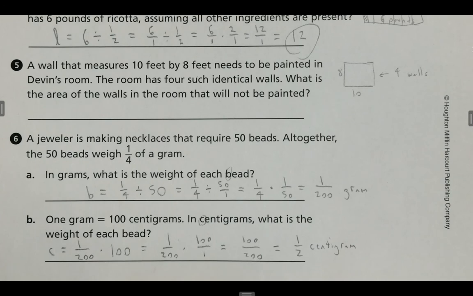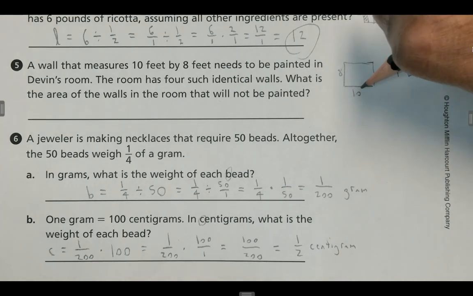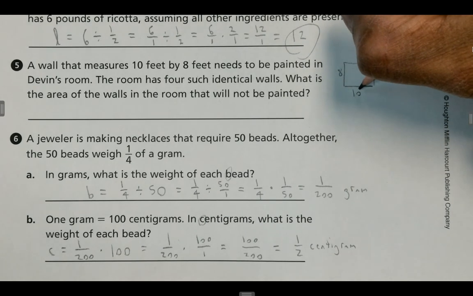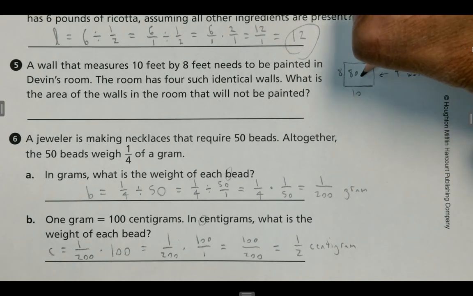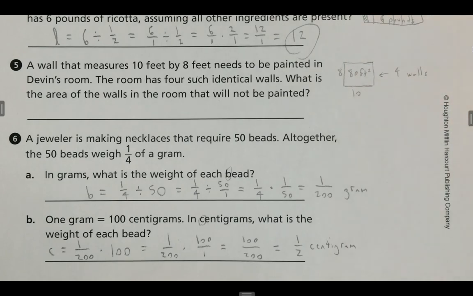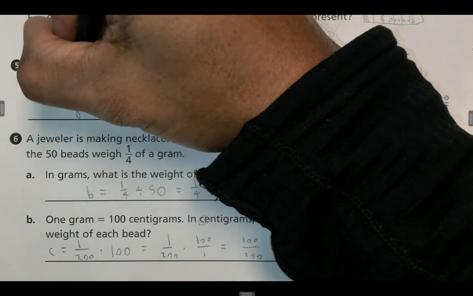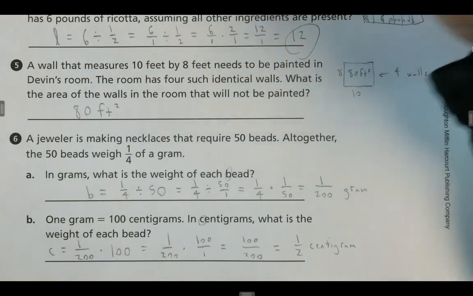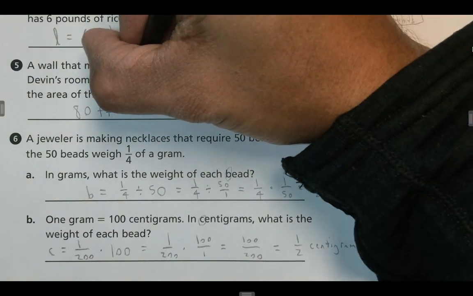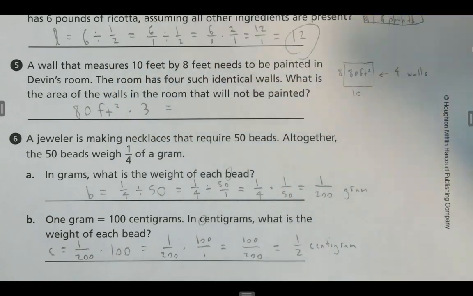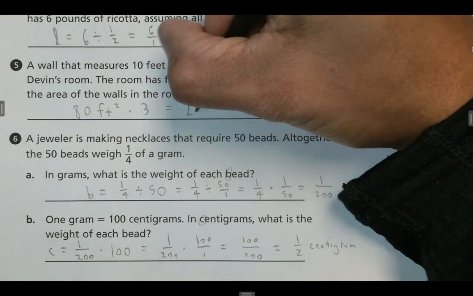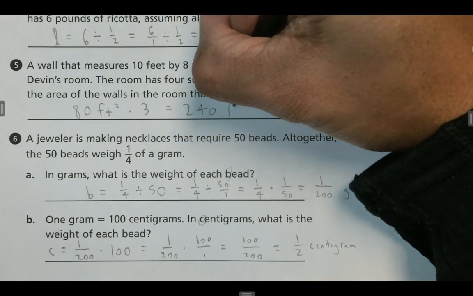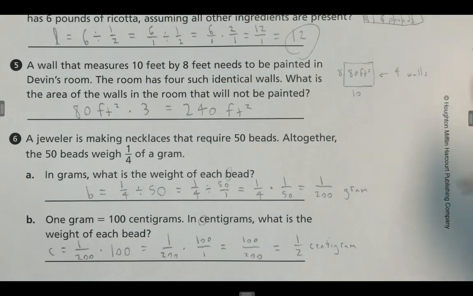So the area of the wall that needs to be painted is 10 times 8, 80 square feet. But then you got 3 other walls that also have an area of 80 square feet that don't need to be painted. Boy, the wording of that really threw me. 80 times 3, of course, is going to be 240 square feet. I'm glad that I didn't have to give up on that one.